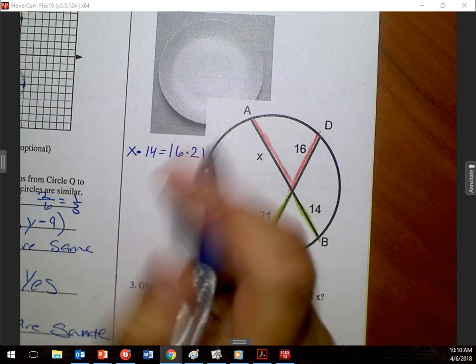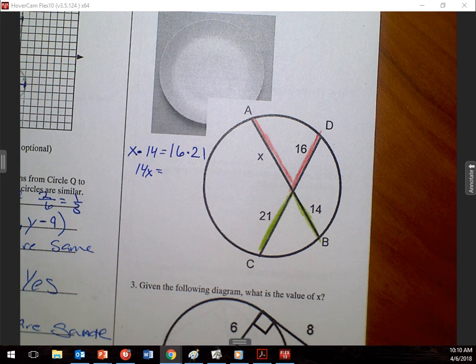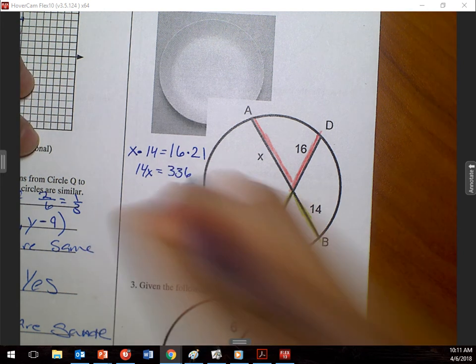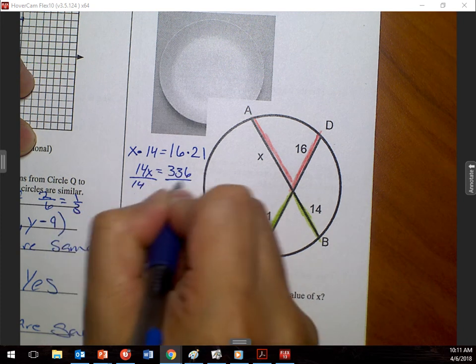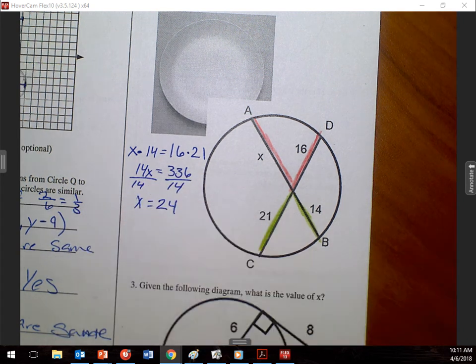Okay, so this side I get 14x equals 16 times 21, which is 336. Divide both sides by 14. x is 24. You guys agree? Okay. This is fine.